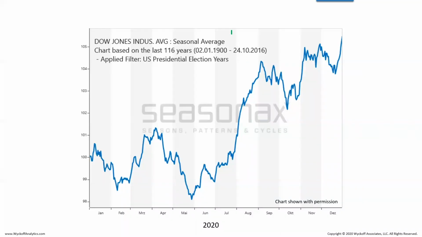Okay, so here we're going to look at the presidential election year chart. This is a fascinating chart that we've talked about in the past.